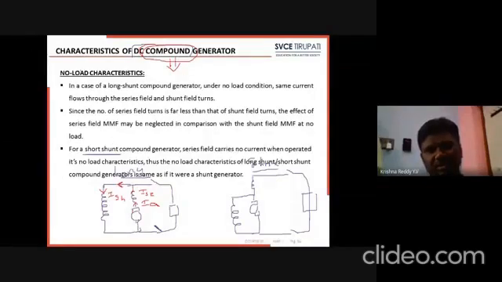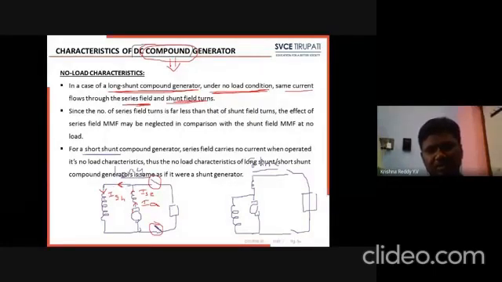Means in a long shunt compound generator under no load condition, when you are opening the switch or not applying any load, the same current flows through the series field and shunt field. Because the switch is open, there is no path for current flow. The armature current will flow through the shunt field winding.